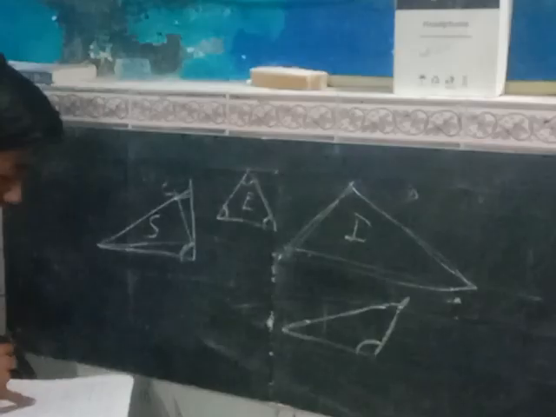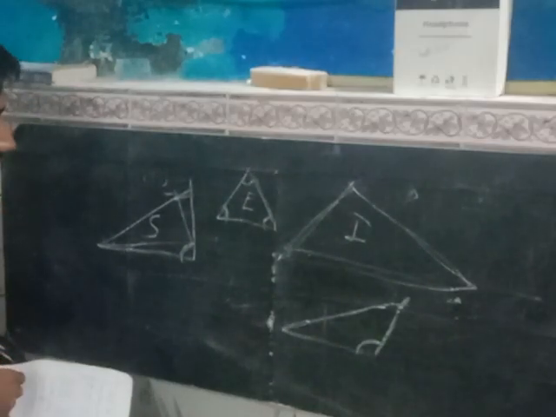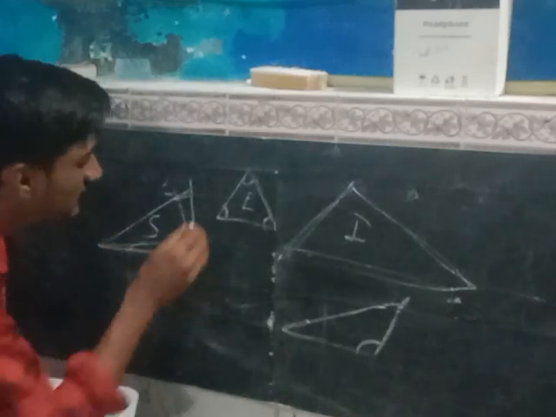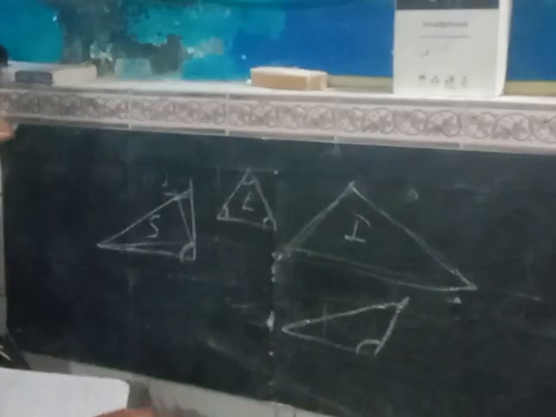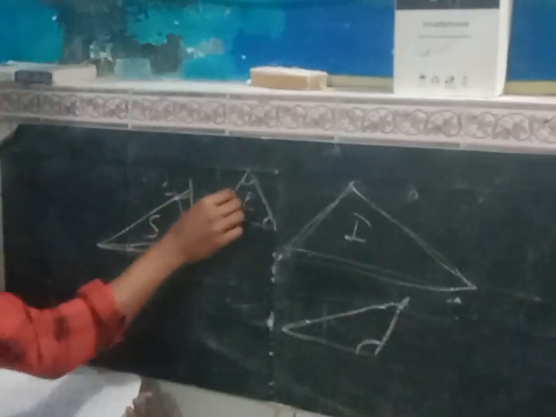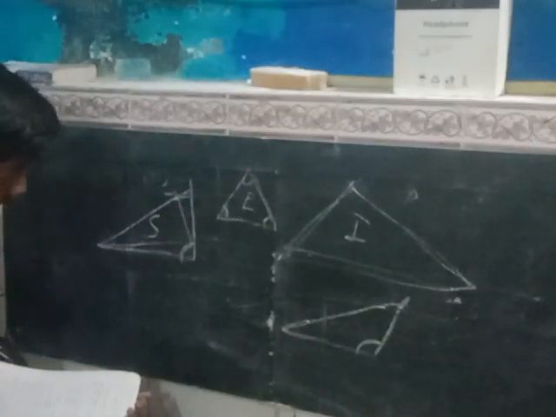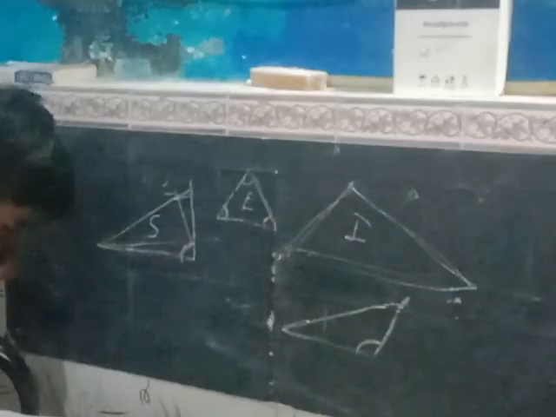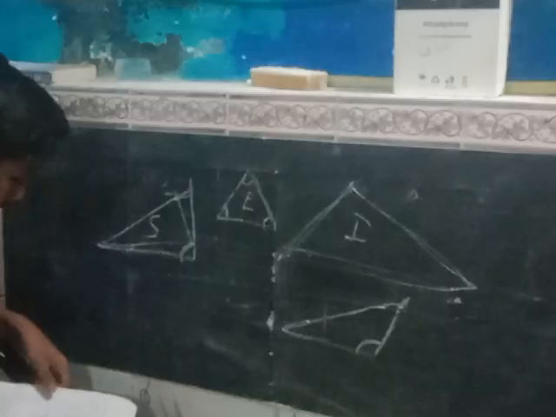First, equilateral triangle: each angle measure is 60 degrees. I did not measure it, but I think here it is 90 degrees, so we can say it is 60 degrees, because here it will be 45. Every angle has to be 60 degrees in an equilateral triangle.